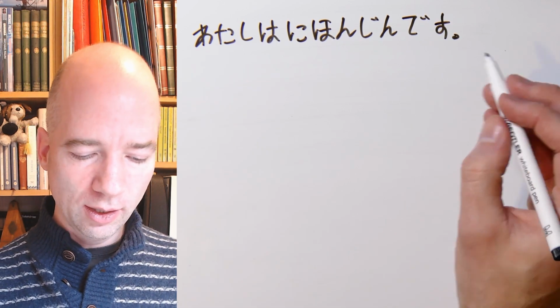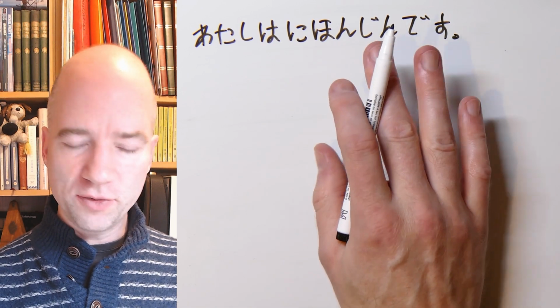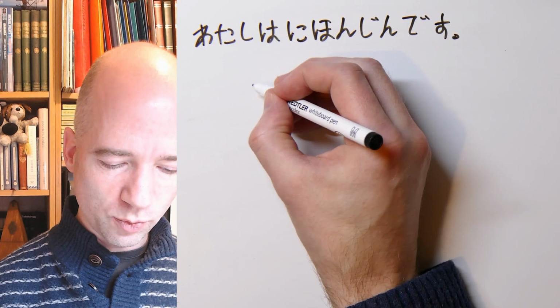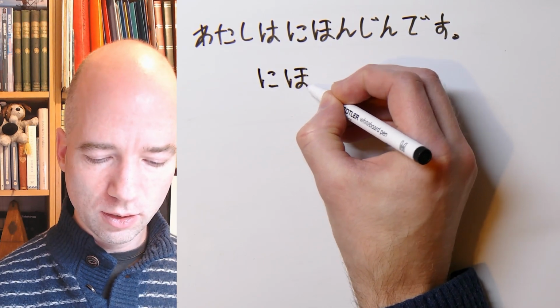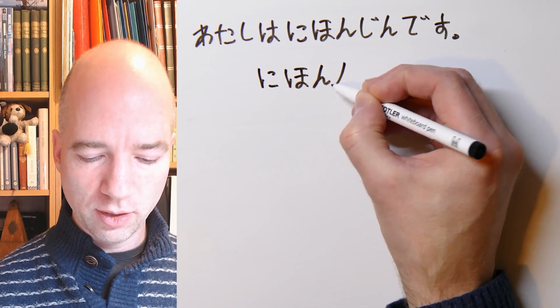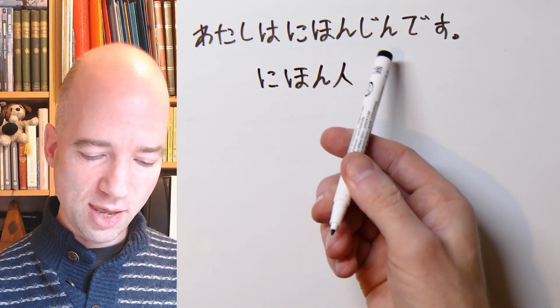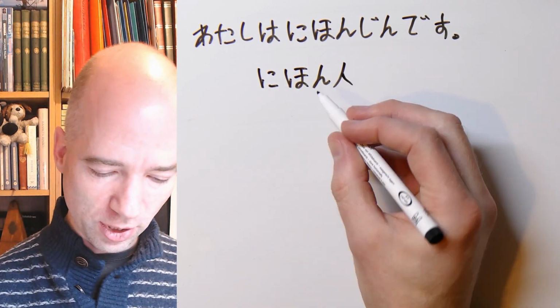And instead of kana, let's do the kanji there. So let's take the word nihonjin. So ni, hon, jin. Now we're introducing a kanji here. So jin is written with that kanji, which means human being, person.